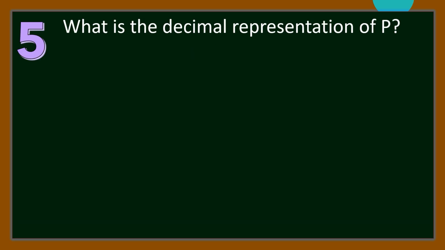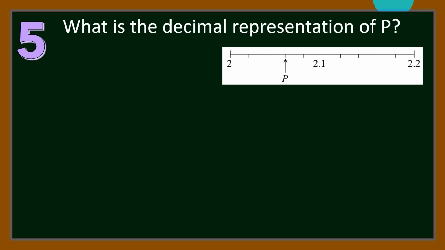Number 5. What is the decimal representation of P in the figure? Here is our solution. Notice that from 2 to 2.1, the interval is divided into 5 equal parts.